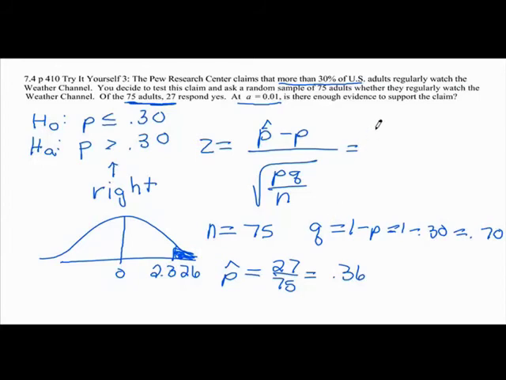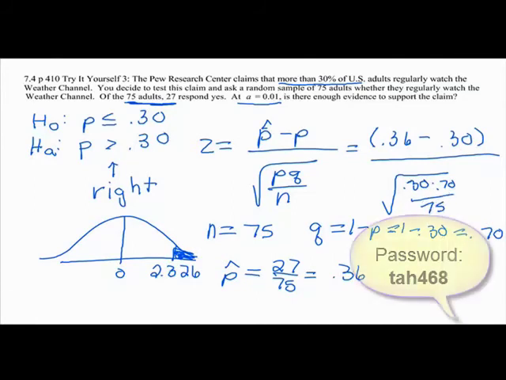So I'll put that in our formula. We're going to have our p hat, which is 0.36, minus our p, which is 0.30, divided by the square root of the p of 0.30 times the q of 0.70 divided by our sample size n, which is 75.